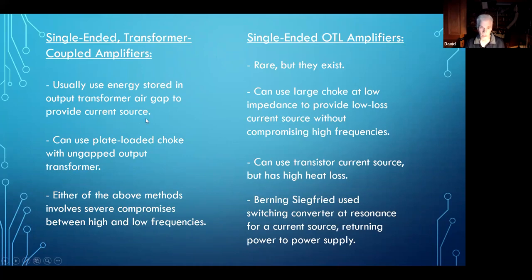Alternatively, you can use a plate-loaded choke with an ungapped output transformer. But either of these methods involves severe compromises between high and low frequencies. The single-ended OTL amplifier, it's rare, but they exist.